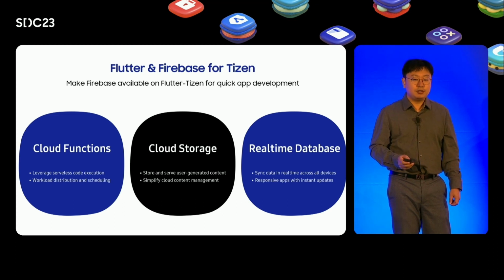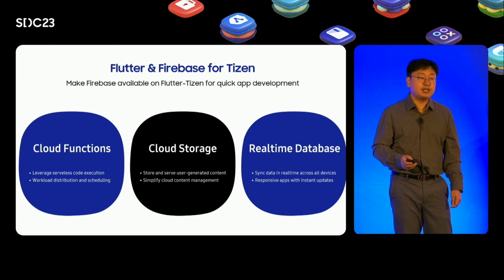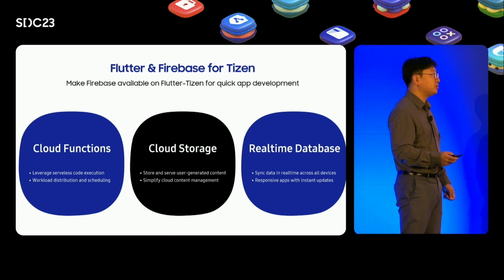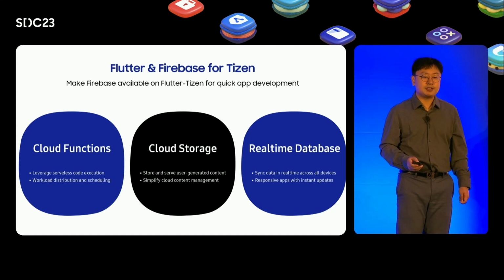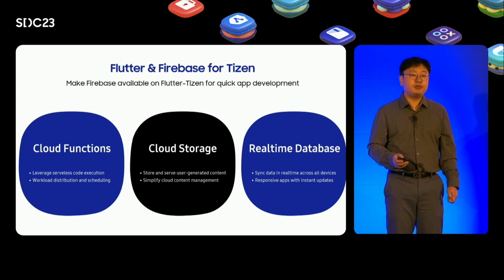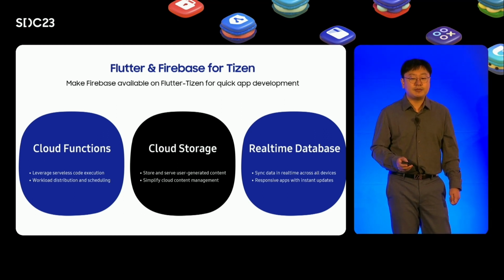Flutter Tizen provides 3 plugins that enable this function. These are Cloud Function, Cloud Storage, and Real-Time Database. This can improve the development time and performance of the apps and improve the user experience.